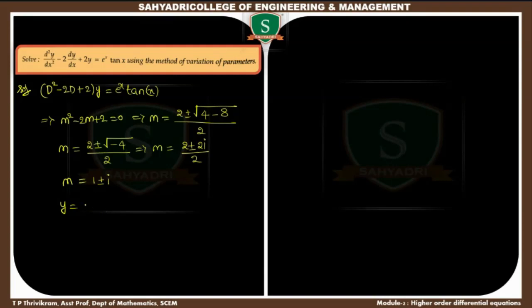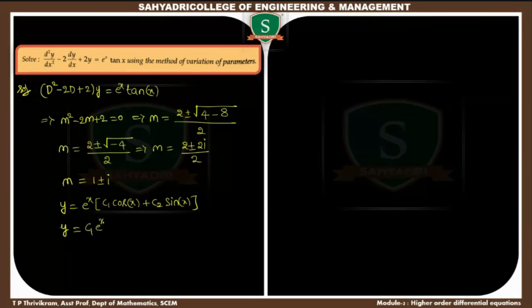y is equal to e power x into c1 cos x plus c2 sin x. Okay, so now y is equal to, we have to multiply this inside and write it.